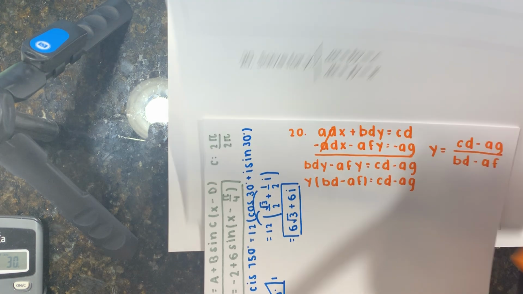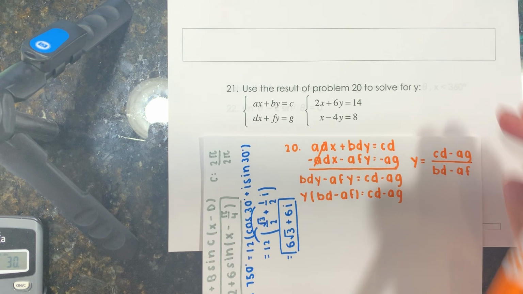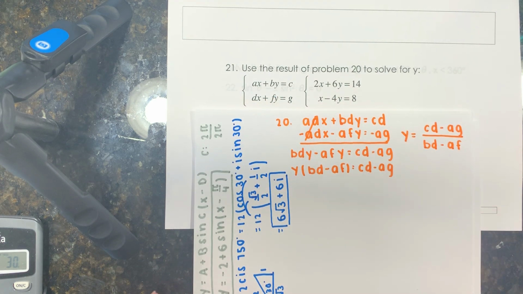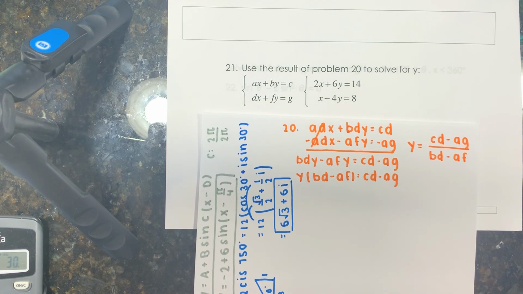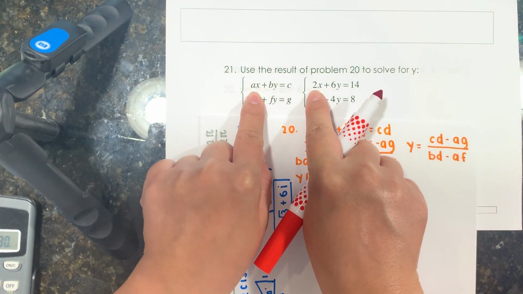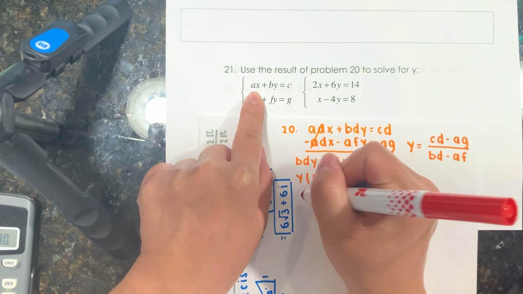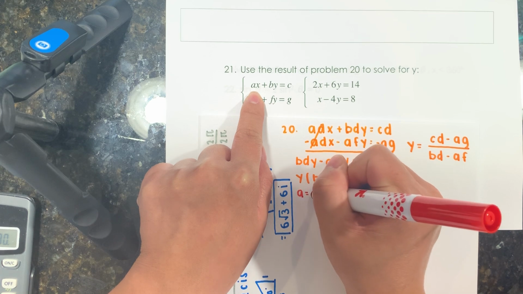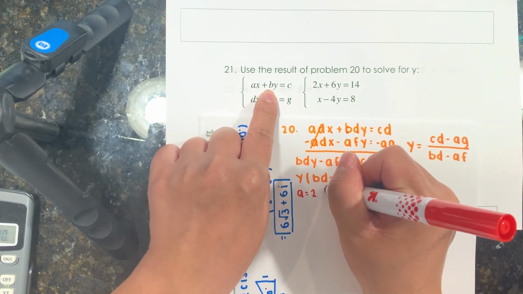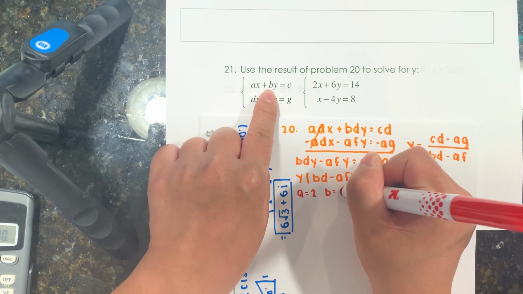Now, for number 21, I actually need to use the result from number 20 to solve for number 21. I've written the problems right next to each other so that it's easy for you to match. So notice that a is the coefficient of x, and then they give you 2. So a is going to be equal to 2. B is the coefficient of y, and b is equal to 6.